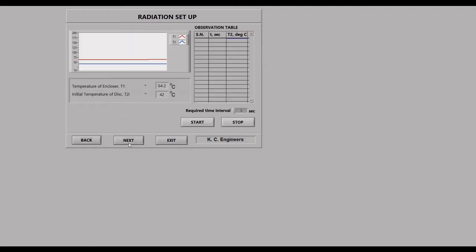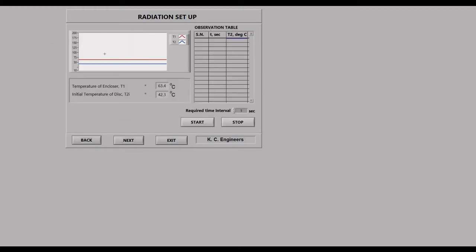Here is the temperature control through PID. Here you can set the temperature of your reservoir, up to which you want to heat the water. I have already given 70, and you can change it to any temperature you want. Then click next.